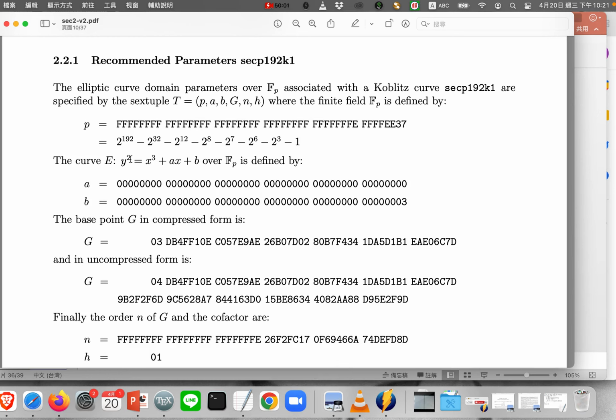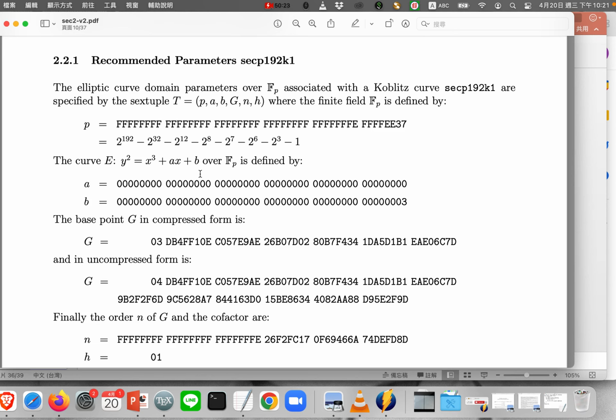So in that case, you can simply plug in the x coordinate, and then you can calculate this x cubed plus ax plus b. You get y squared, and then you find the square root. The problem is you may not have a square root.